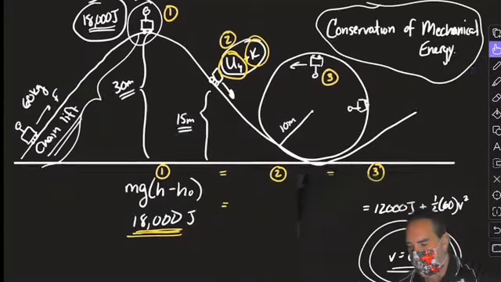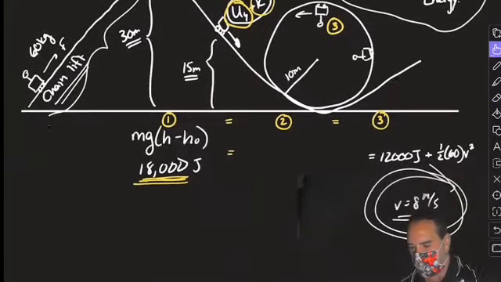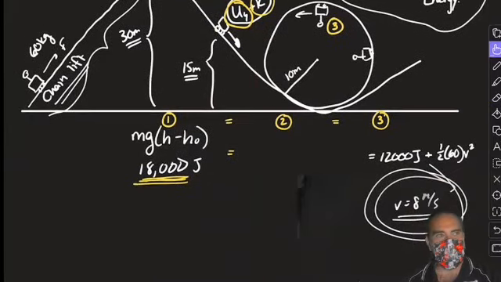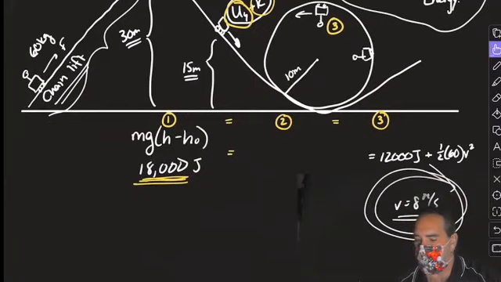Let's say that when we actually make it to that point, at state 3, we only have a velocity of 8 meters per second. How much energy was taken away by friction?